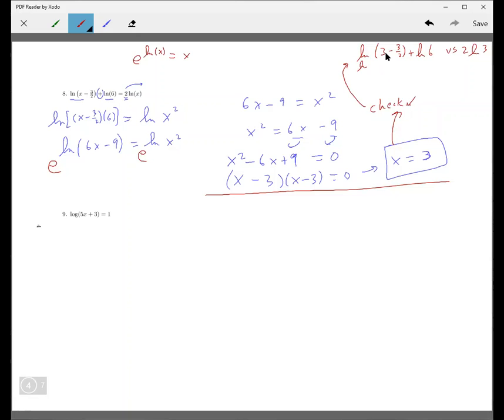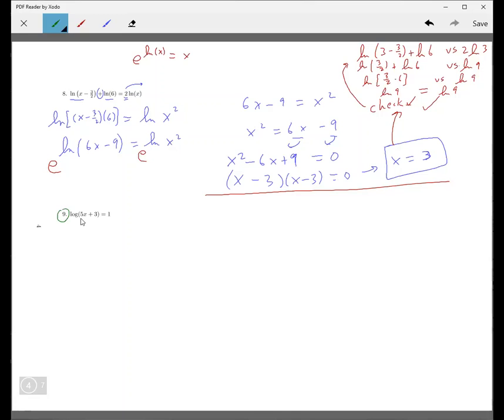Okay, so this is log of 3 minus 3 halves is 3 halves, plus log 6, and then the right-hand side is 2 log 3. That's the same as this 2 can definitely go up here, so that's log 9. And this one right here, these can combine to 3 halves times 6. And that's log 9 when you multiply this together. So that checked out. So that works.